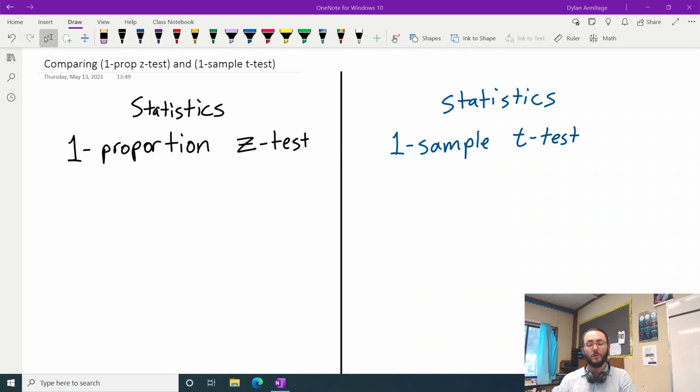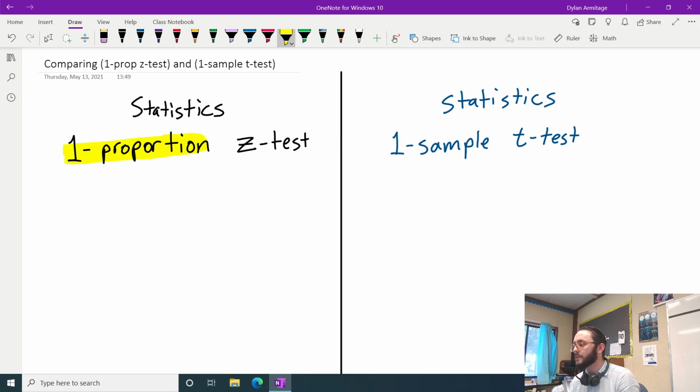In this video, we are going to be comparing and contrasting the one proportion z-test and the one sample t-test. Okay. So obviously, right off the bat, we see that they are named similarly. If that didn't occur to you before, we have one proportion.